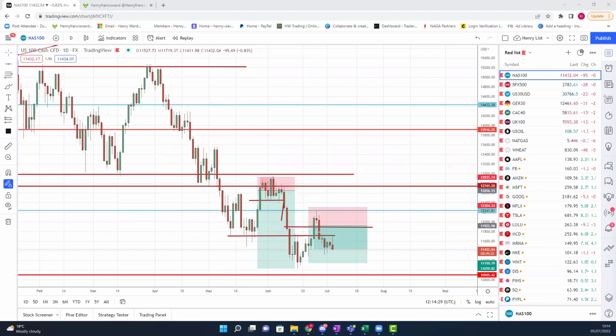Would we now move our stop loss just above that? Just say this bar was finished now. Would that be a good place to move our stop loss to? Yes or no?